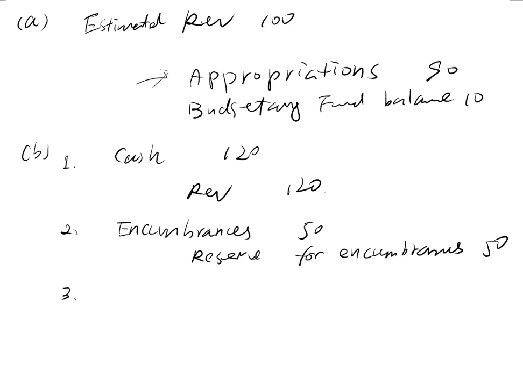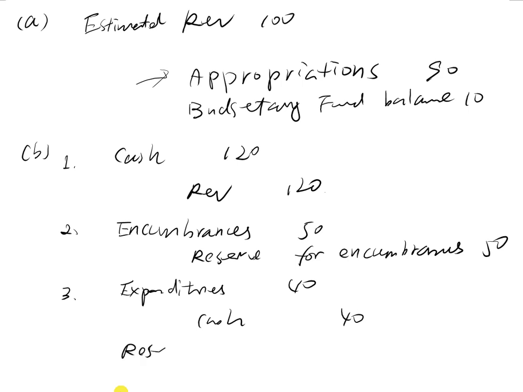So we're going to debit expenditures 40 and credit cash 40. Meanwhile, we're also going to adjust the reserve for encumbrances and encumbrances accounts, because this has been fulfilled. 40 has been fulfilled. So I'm going to reverse this second journal entry.